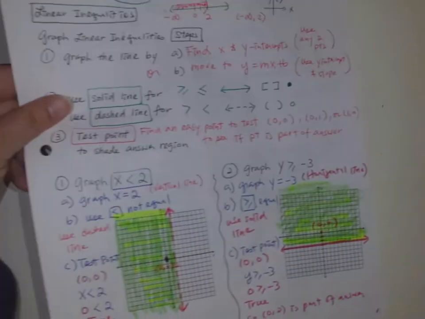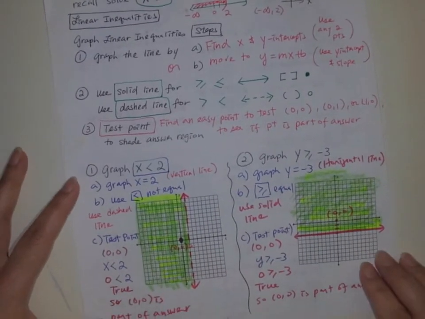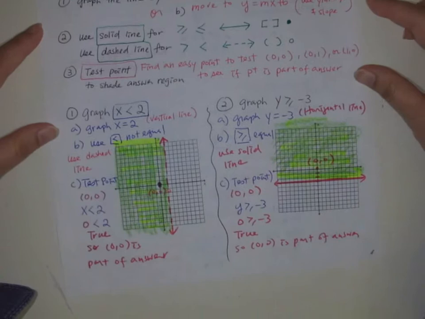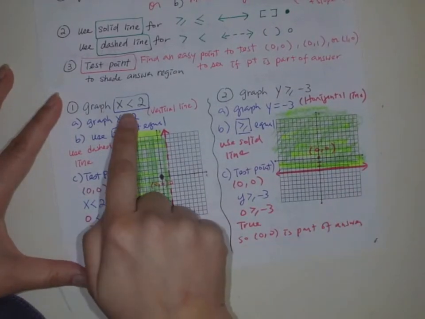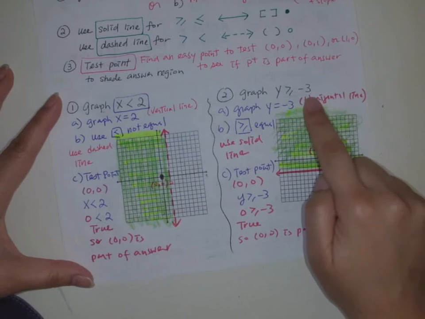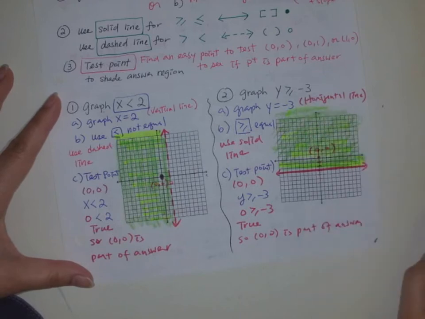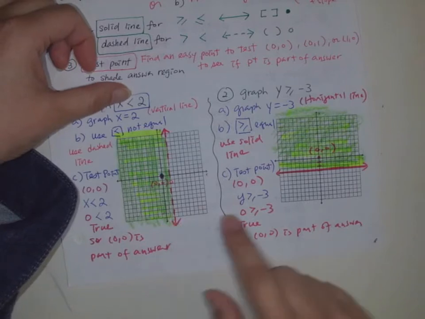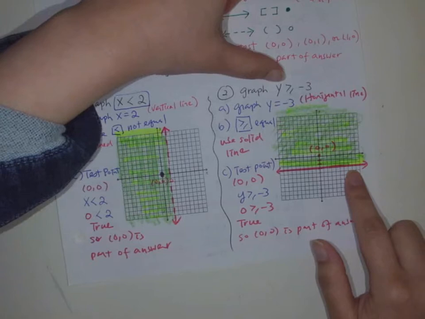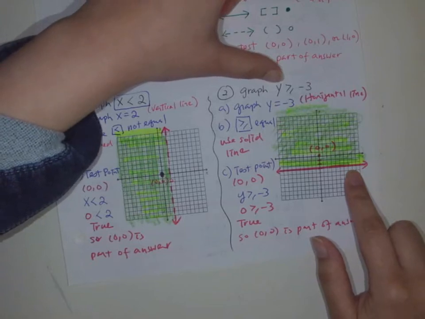If you look at your notes from the class, we started with just graphing a vertical line with x equal to a number, and a horizontal line with y equal to a number. The first one doesn't come with an equal sign, so it's a dashed line. The second one comes with an equal sign, so it's going to be a solid line.